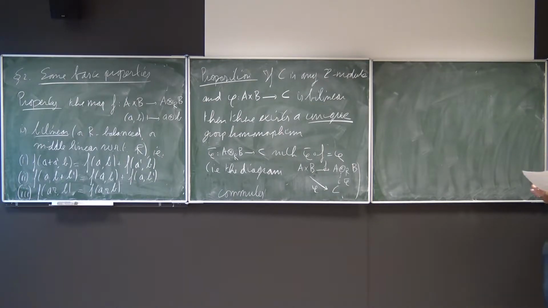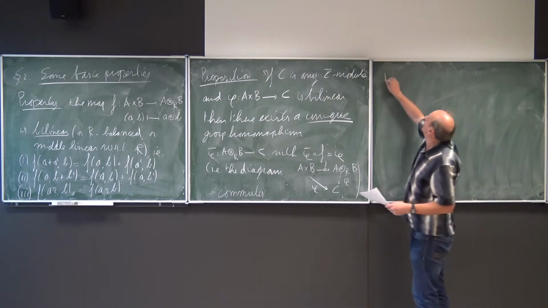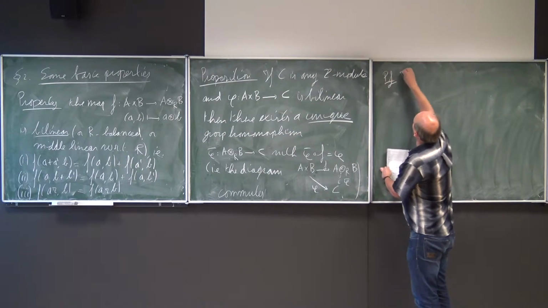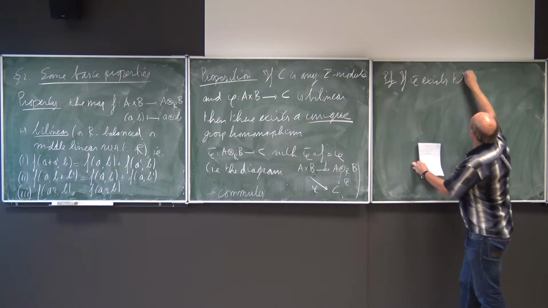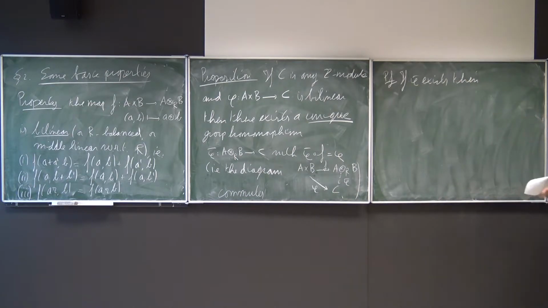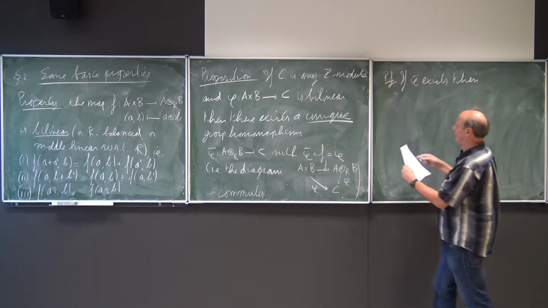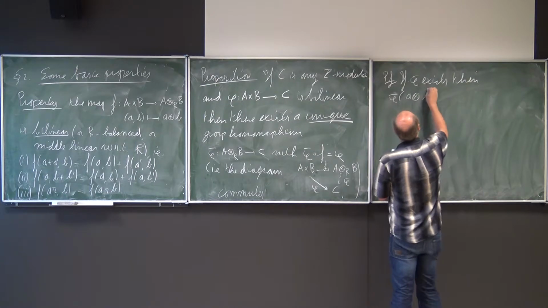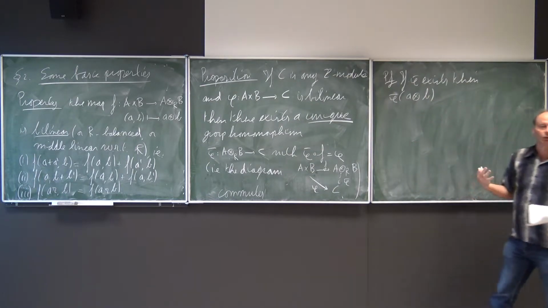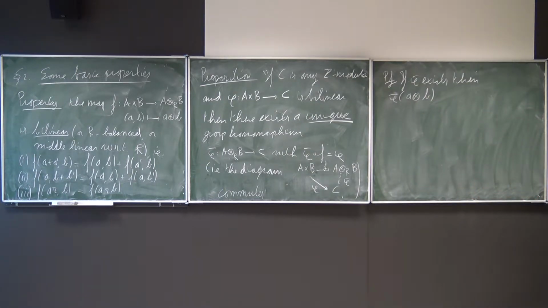Okay, so let me prove this. So suppose that phi bar exists, and well, let's see what we know about it. Phi bar, of course, I know phi bar if I know what it does on generators because it's a group homomorphism, so I only need to check what it does on generators.